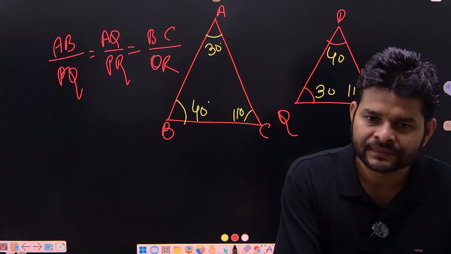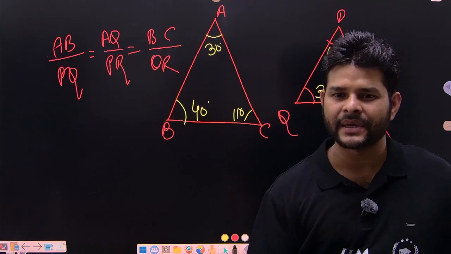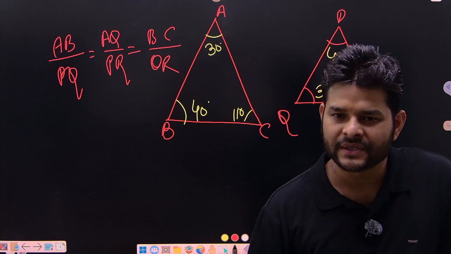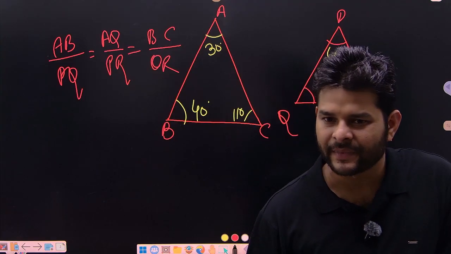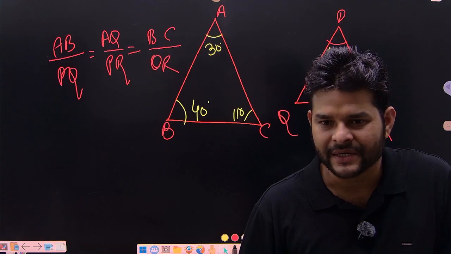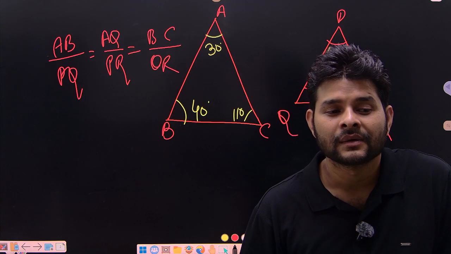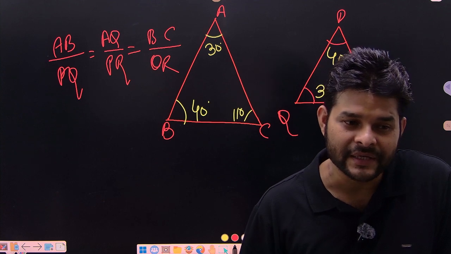Got it, guys? And their altitudes must be in the same ratio, and their medians also must be in the same ratio, and their incircle radius also must be in the same ratio, and their circumcircle radius also must be in the same ratio, and the angle bisector also would be in the same ratio.